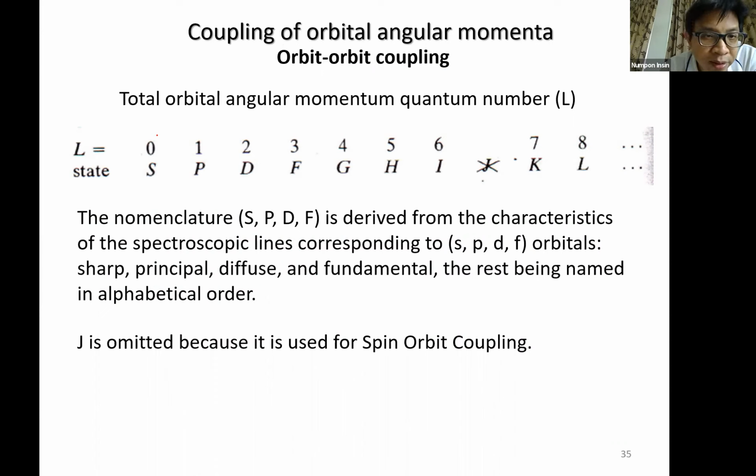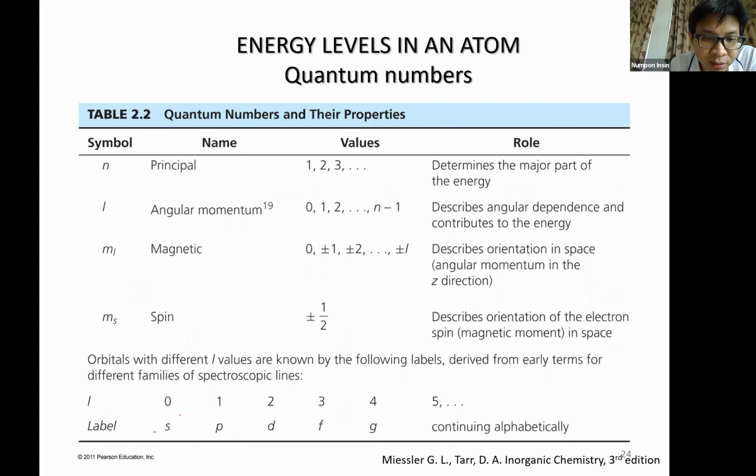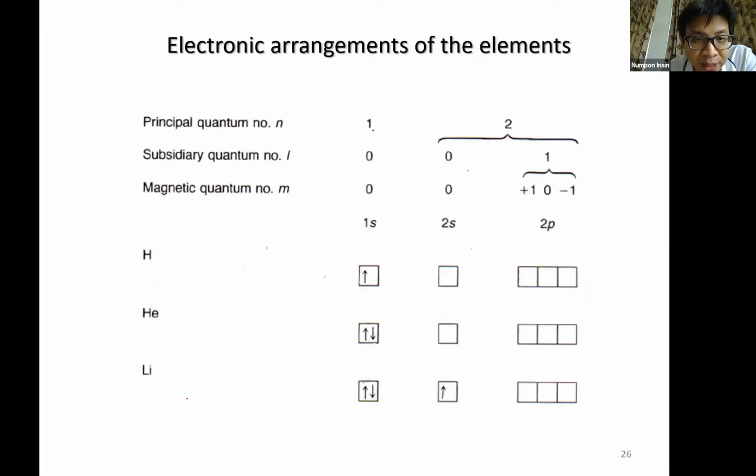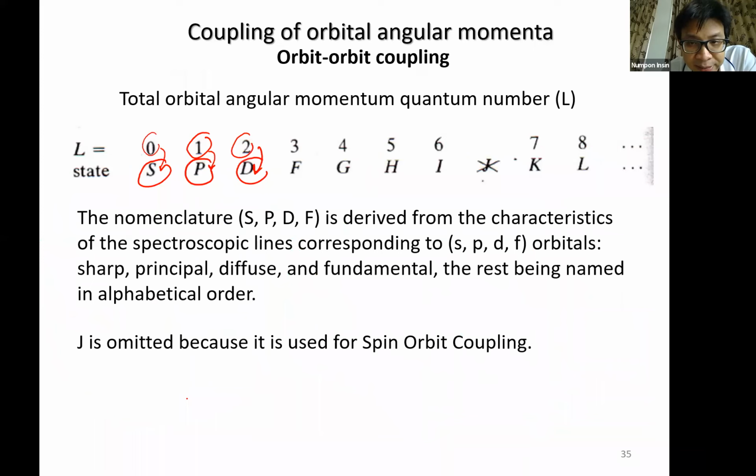If you get L equal to 0, it is going to be capital S. If you get L of 1, we're going to have the symbol P. If we have L of 2, it's going to be the symbol capital D. So now we change to capital letters. Earlier, when you did the atomic symbol, we used lowercase letters to represent the orbital of a single electron. But now it's the combined electrons, so we're going to use capital letters. Okay, so this is L.